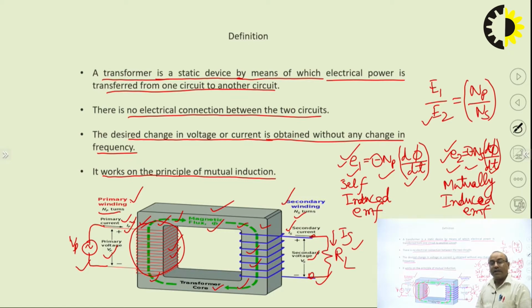In other words, whatever is the frequency of the input voltage supply, the same will be the frequency of the output voltage at the secondary side, or in other words there will be no change in frequency on the two sides; the frequency will remain the same.